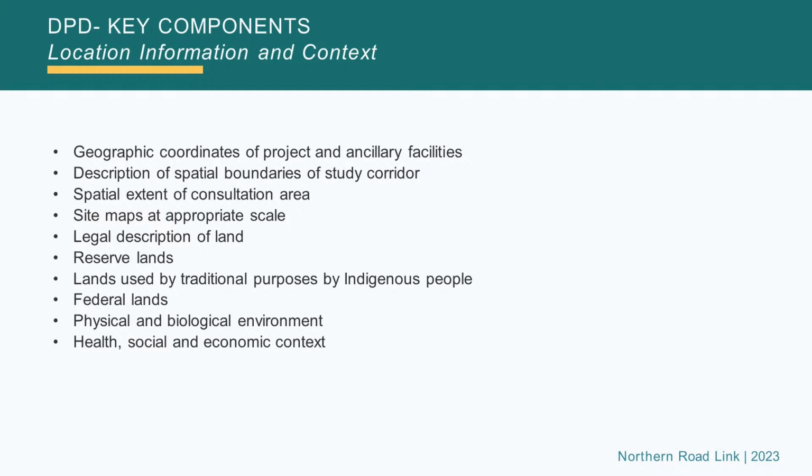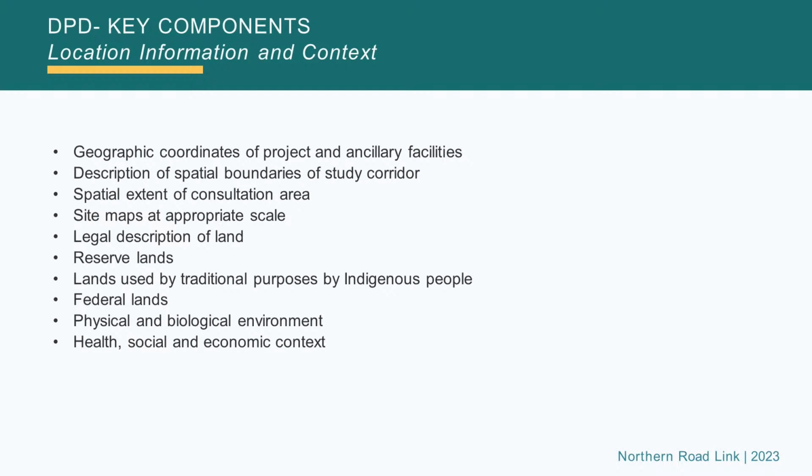Site maps at a scale that allows detail to be revealed. A legal description of the land, identification of which lands are reserve lands and which ones are not, if that applies, lands used for traditional purposes. If there's any information on traditional lands and traditional territories of different First Nations, it's very helpful to have that information available where it is available.